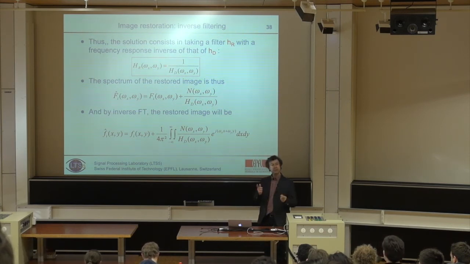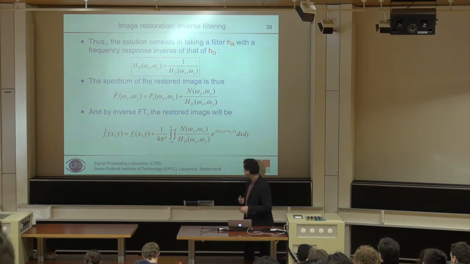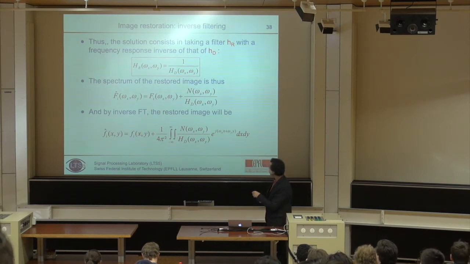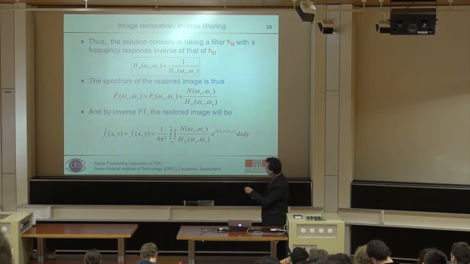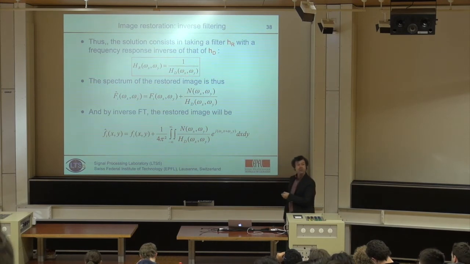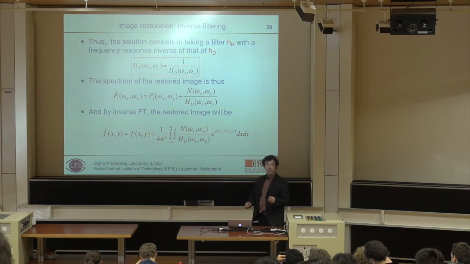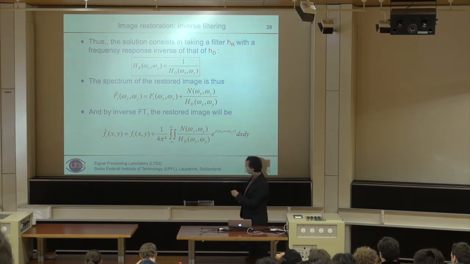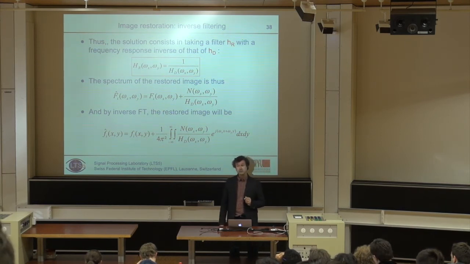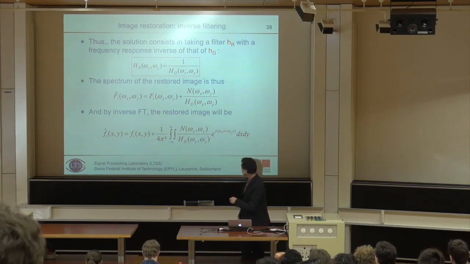You can do the high pass filter that will compensate that. And it's beautiful because your restored image in the Fourier domain will really be the ideal image plus a high pass version of the noise. And again, if the noise is negligible, if you have little noise in your image, you will get something really, really nice. It will really restore your image.